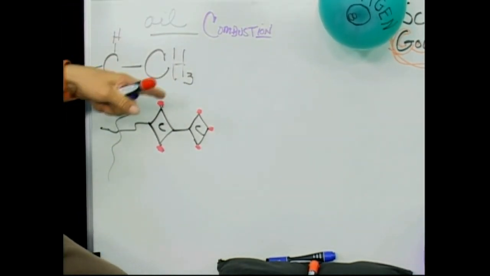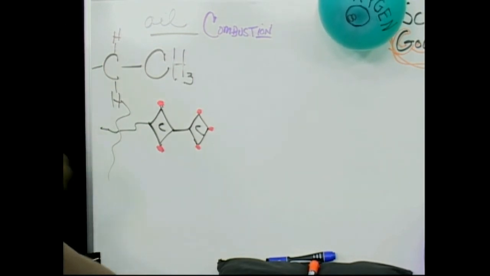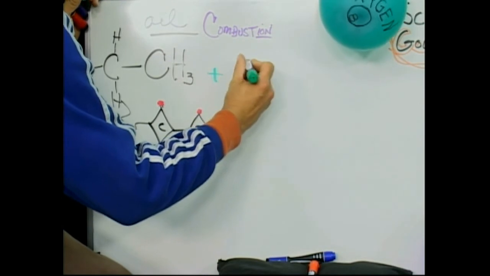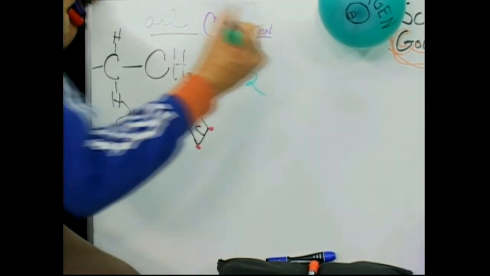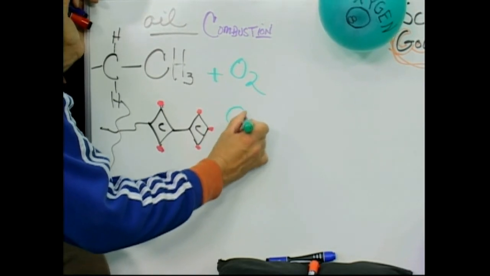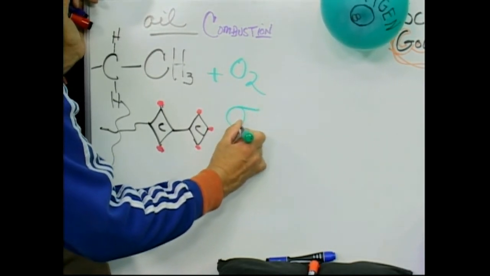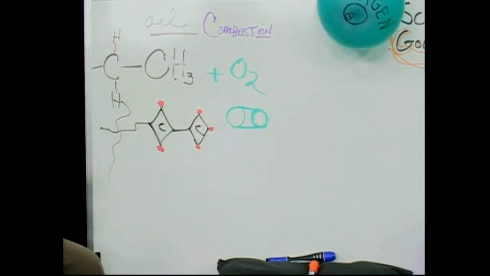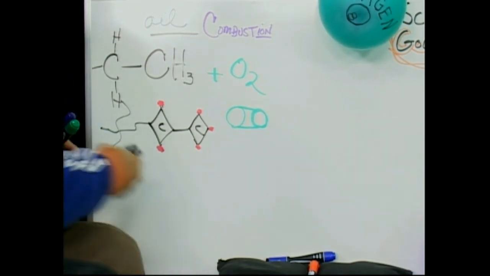Combustion is your carbon source plus O2. And what is our O2s? O's are our circles with 2 bonds. That's O2.